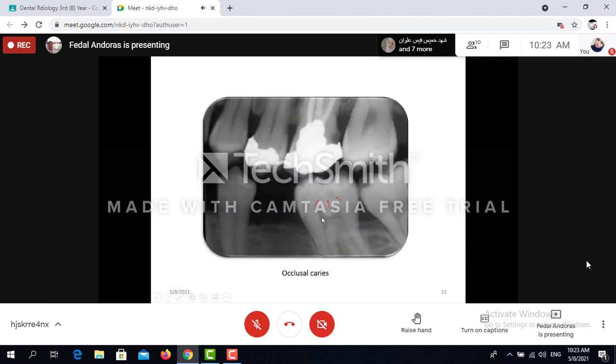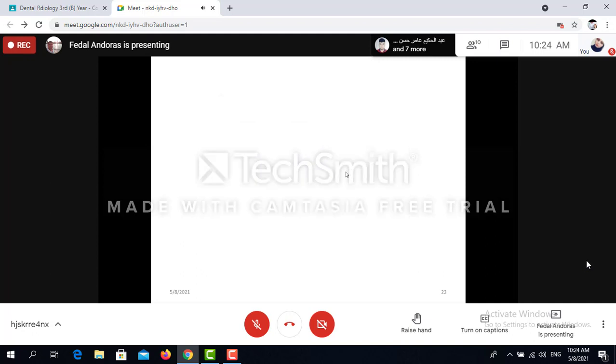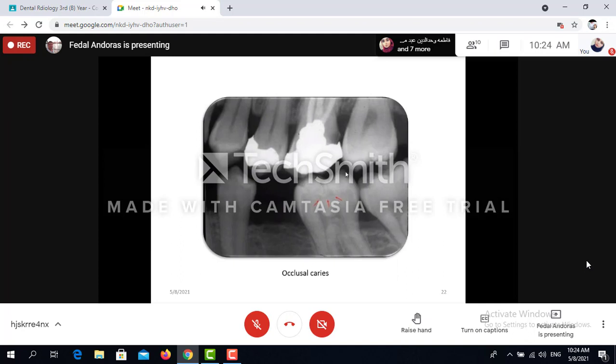So it will appear like a diffuse base between. One thing is very important for detecting occlusal caries is having a good bitewing X-ray. If you have a wrong X-ray or any technical error in the X-ray, you may not get it, because the X-ray needs to pass through the demineralized area.